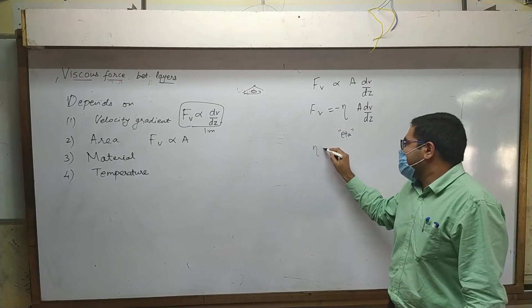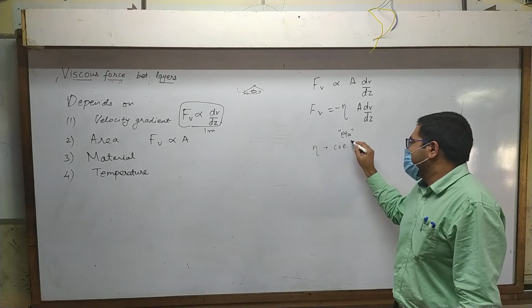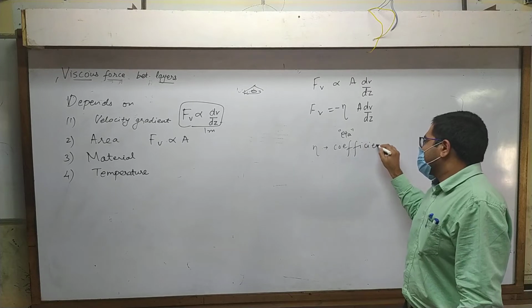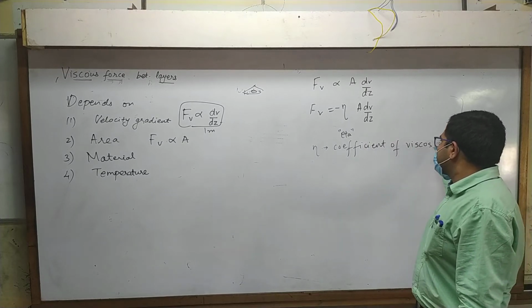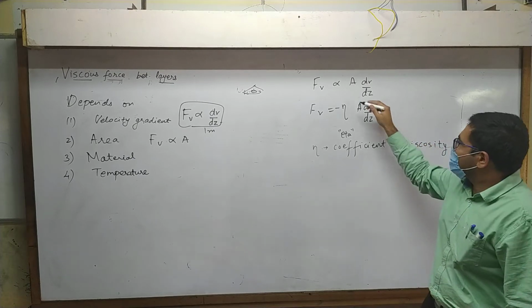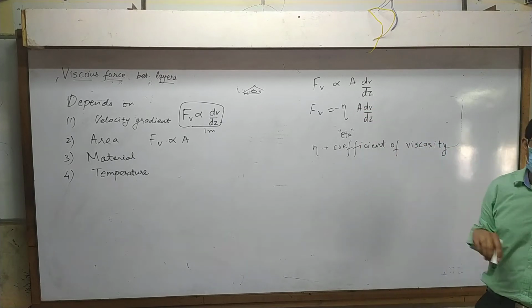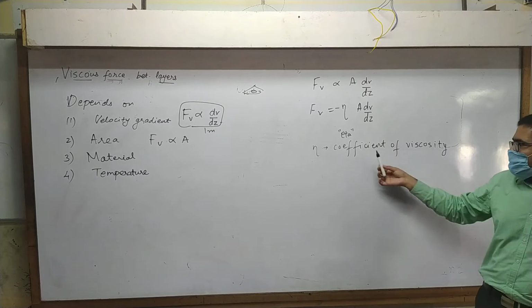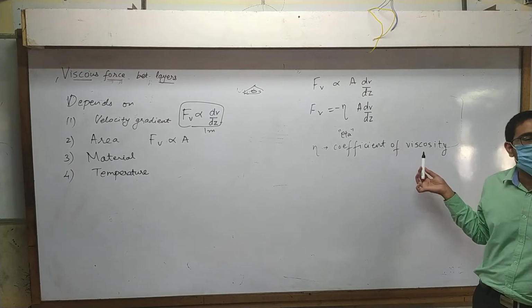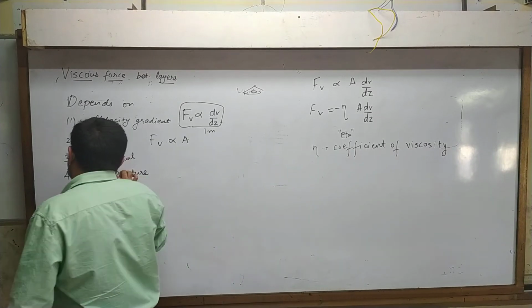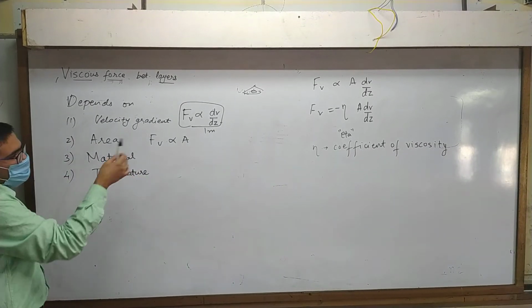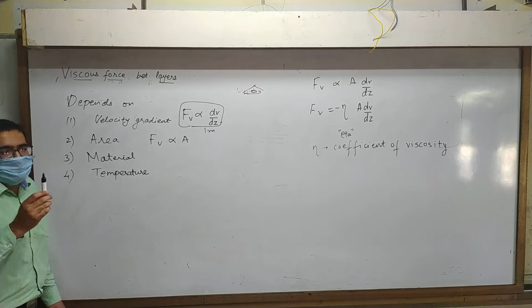So what is eta? Eta is nothing but the coefficient of viscosity. Generally, coefficient means a constant or an extra number that you are getting within an equation. Now, I told you that it depends on 4 things, but you don't see these two in that formula. Well, they are there, indirectly.